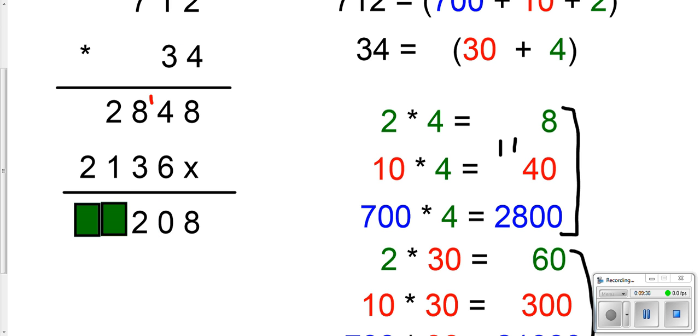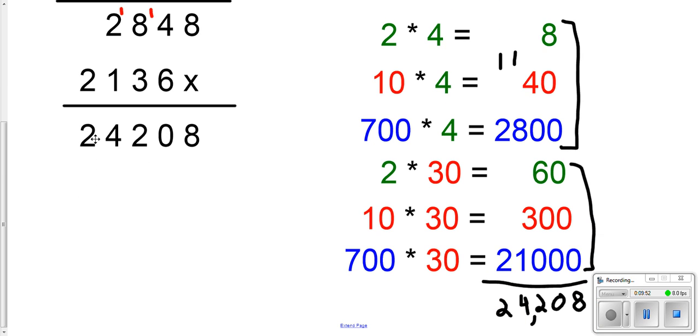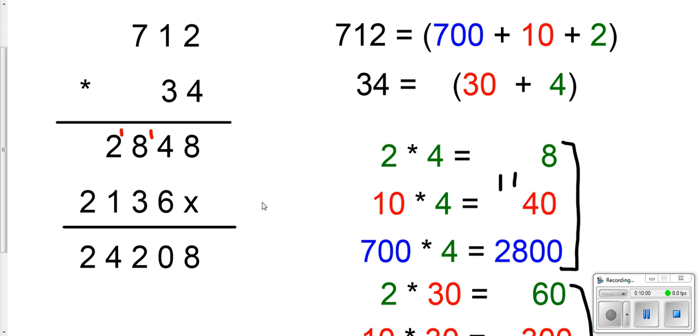So 2 goes here, and we carry this 1. 1 plus 2 is 3, plus the 1 makes a 4, and 2 with nothing just makes a 2. Either way, we got 24,208. You can do it this way. This way is much quicker. Try to do the multiplication algorithm.